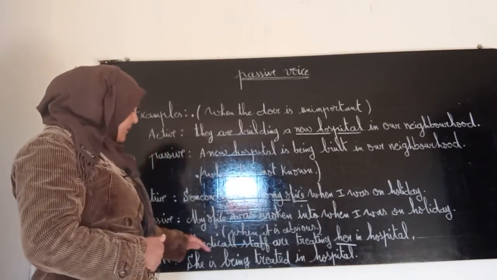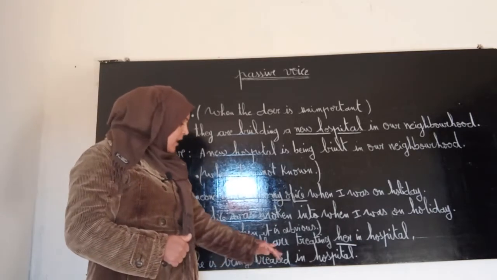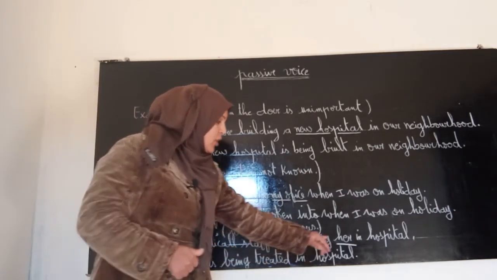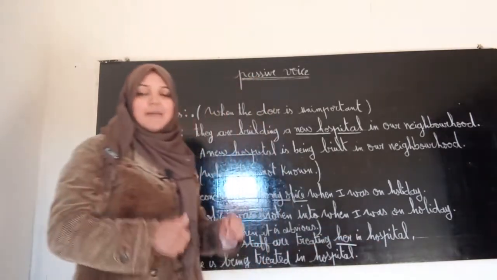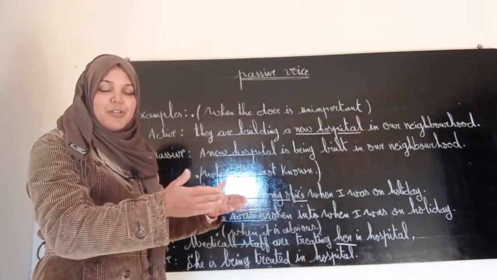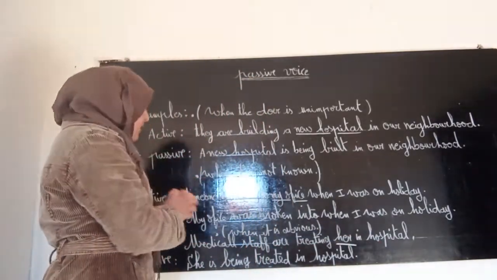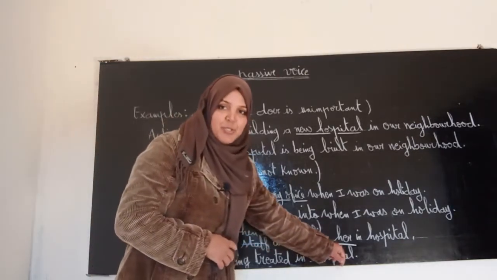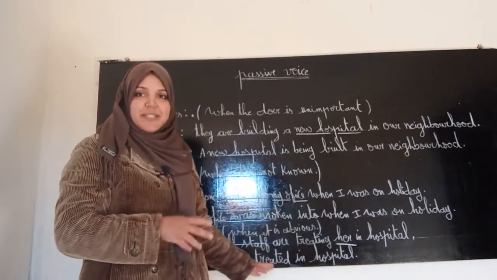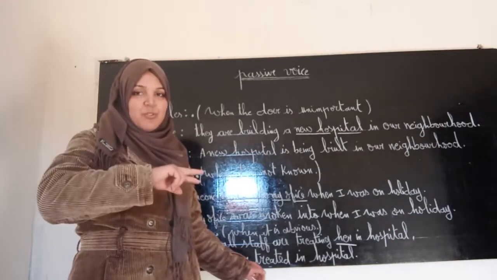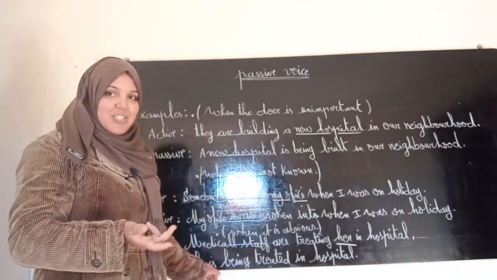Active sentence: Medical staff are treating her in hospital, okay? So her is an object. When it becomes the subject, we have to change it. It becomes she.